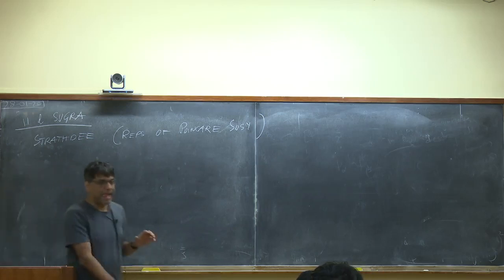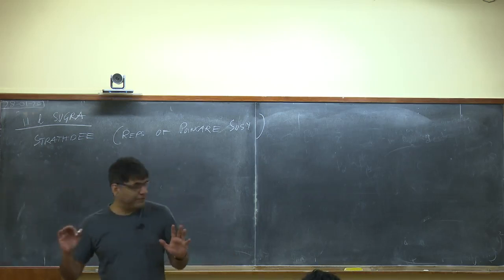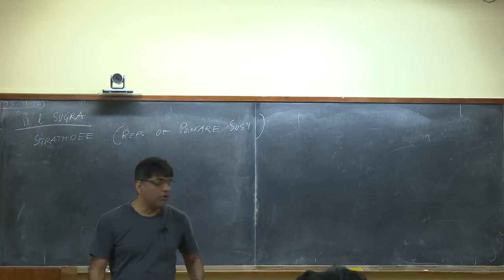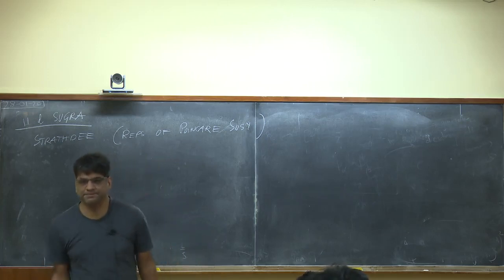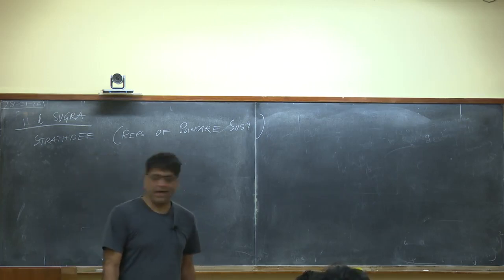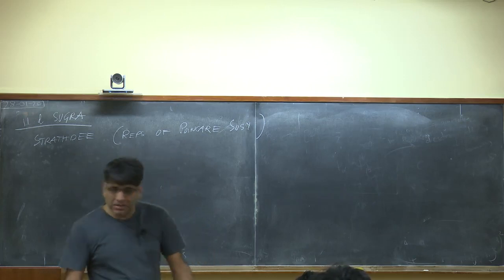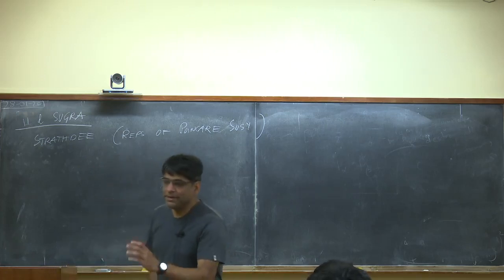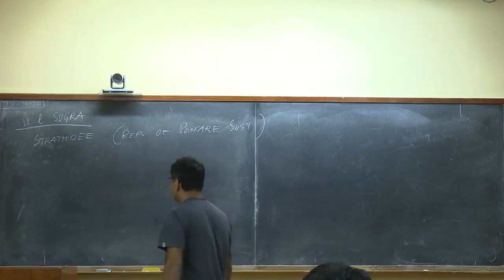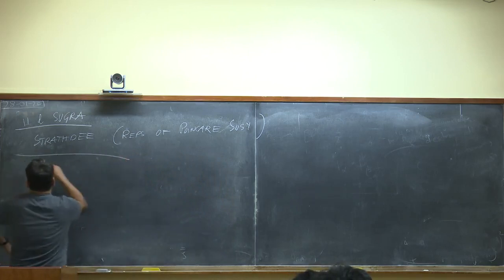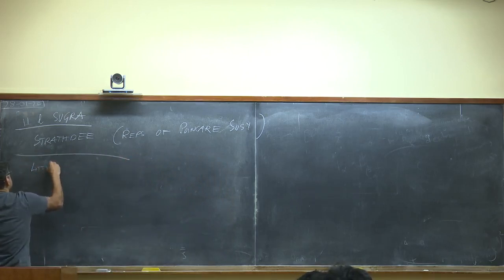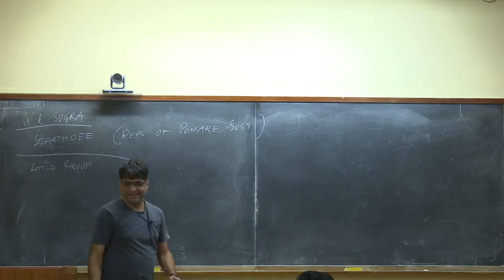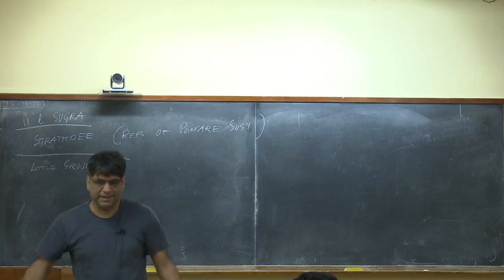So what's the idea? The idea is that you've got a theory. Suppose you've got a theory with some amount of supersymmetry. You want to understand what kind of particle content the theory can have. The analysis that Strathdee does goes very much along the lines of the little group analysis for the Lorentz group. Let me remind you how that analysis went. It's different for massive and massless particles.